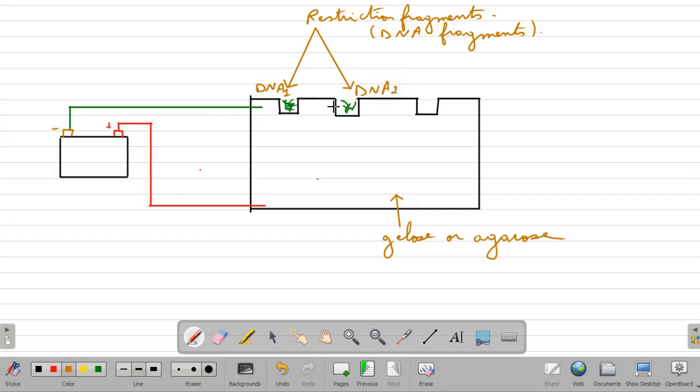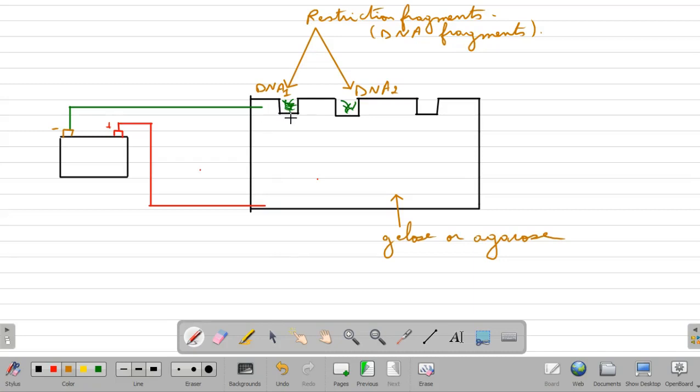We want to compare the number of fragments and the size of the fragments obtained, once we added the same restriction enzyme to each of these two molecules. So the fragments obtained are put in this cavity, and now what?